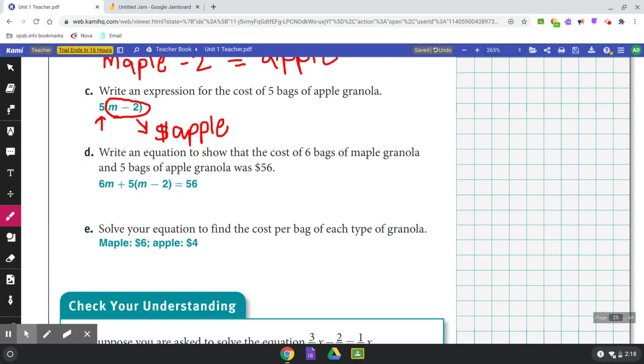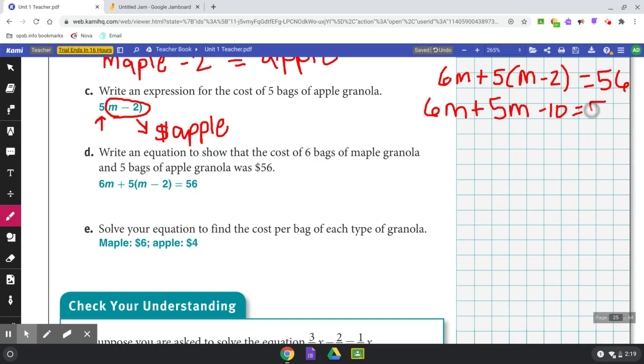So when you solve this equation, I'm going to do it over here to the side. 6M plus 5 times M minus 2 equals 56. I first need to distribute the 5 and get 6M plus 5M minus 10 equals 56.